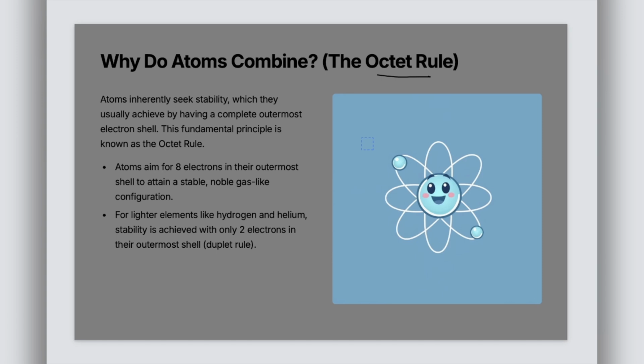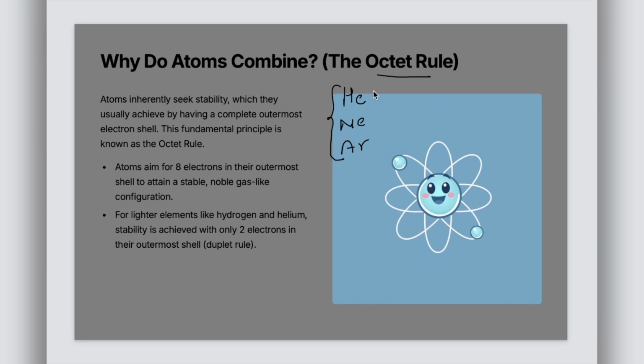Now that we have understood the octet rule with a fun real example, let's look at how it actually works in real chemistry. As we know, noble gases are naturally stable. Noble gases like helium, neon, argon, they all are naturally stable.